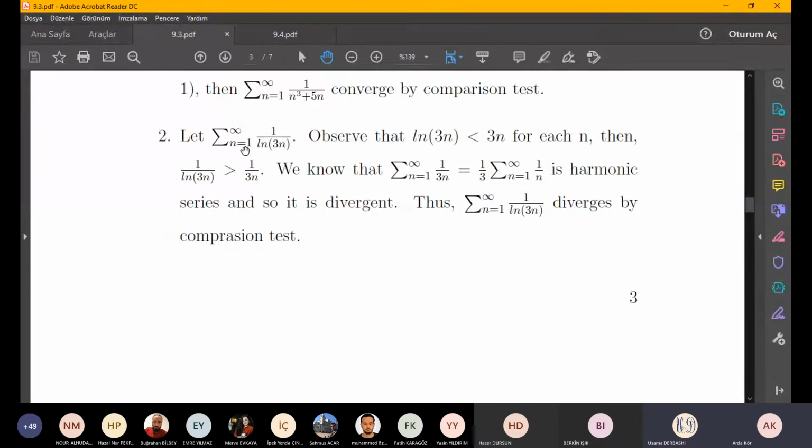The first sum is the sum from n equals 1 to infinity of 1 over 2 to the power of n. We know that this sum converges, right? It is 1 over 2 times 1 over 2 to the power of n minus 1, which is a geometric series.